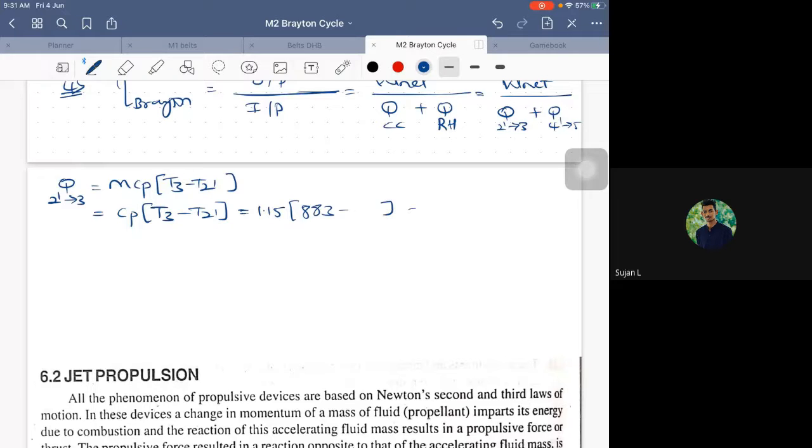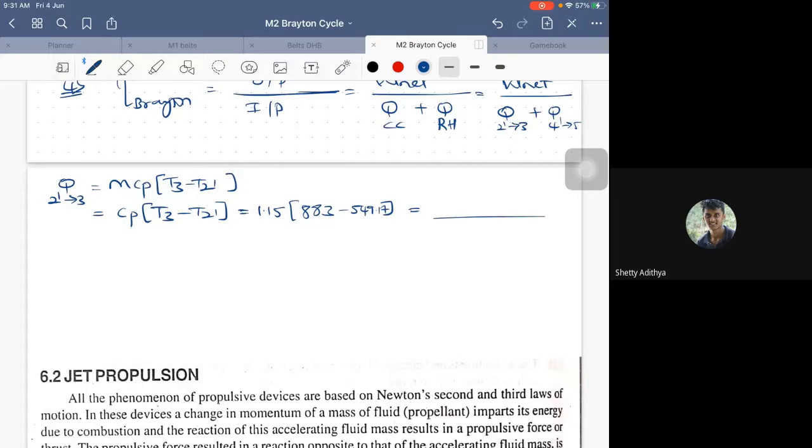Please help me out, guys, otherwise I have to keep on scrolling. What is the value of T2 dash? 549.17.